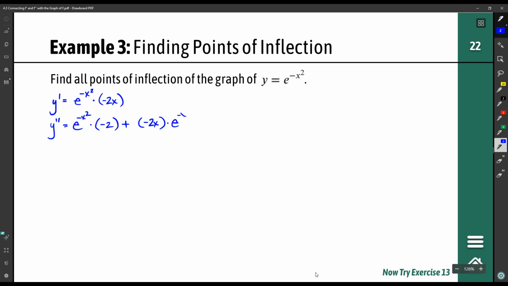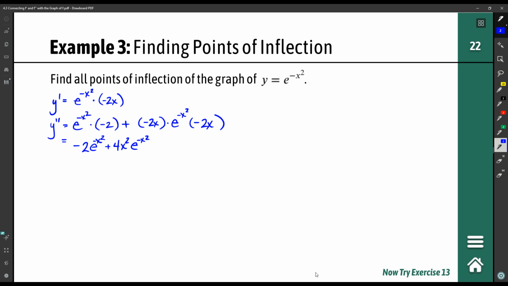It's e to the negative x squared times negative 2x. All right, let's simplify that a little bit. I'm looking at a negative 2 e to the negative x squared, and then in the second term, negative 2x times negative 2x is a 4x squared times the e to the negative x squared. And I see I forgot my negative sign there.